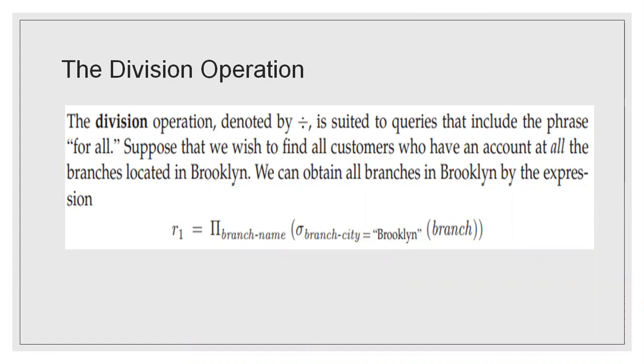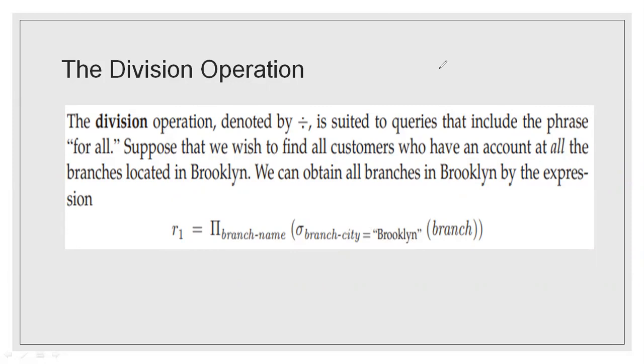We can obtain all such branches in Brooklyn by the expression: relation R1 is the new name, R1 is assigned pi branch name, projection where branch city is equal to Brooklyn on relation branch. So all the names of the branches whose city is Brooklyn will be displayed and that relation will be named R1. So this is the division operation.